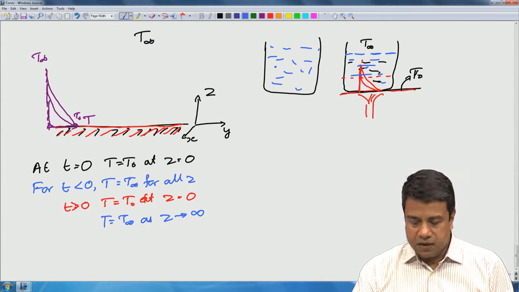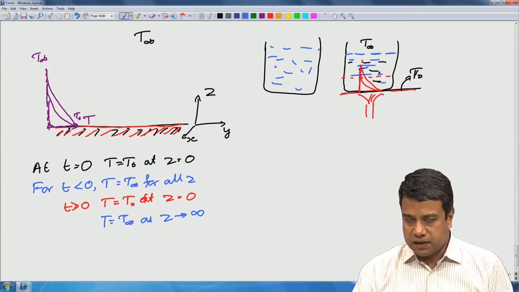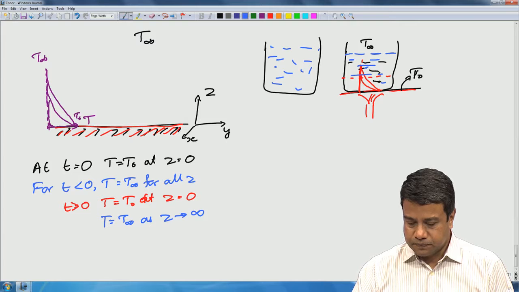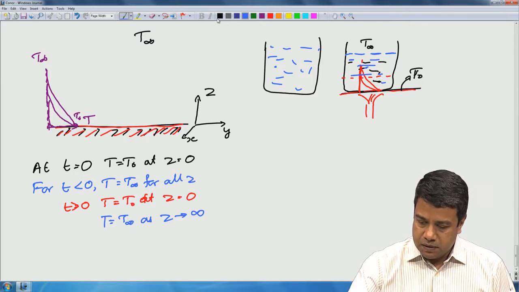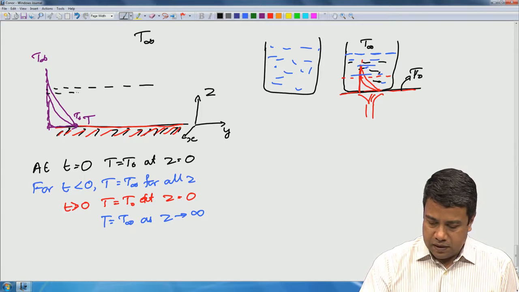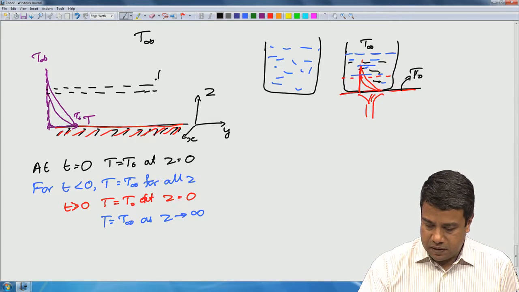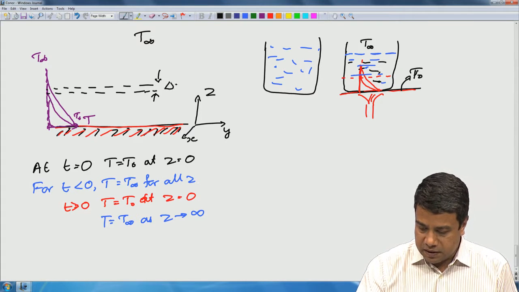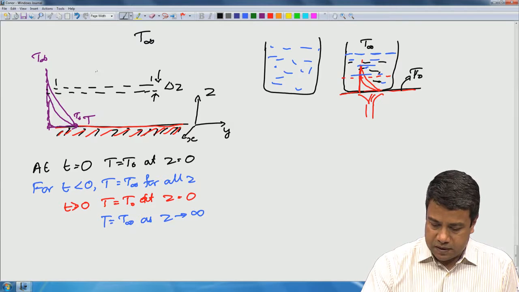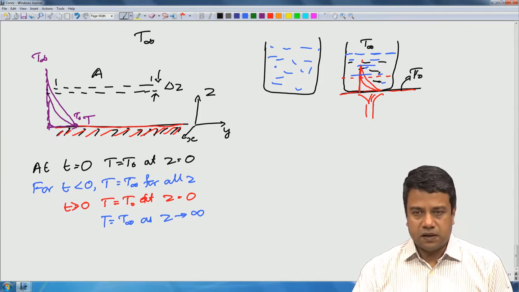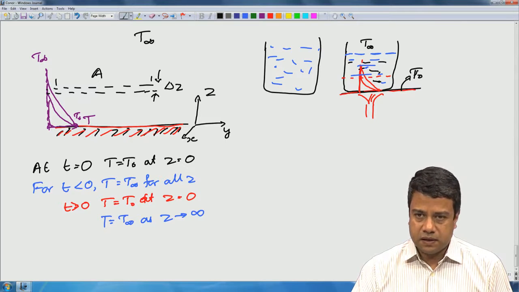So that is the problem that we have to solve, and we have to do that by doing a balance. Now, what do we do in a temperature balance? We take a small slice of the fluid of height delta z and cross sectional area A, and we write a balance for this.